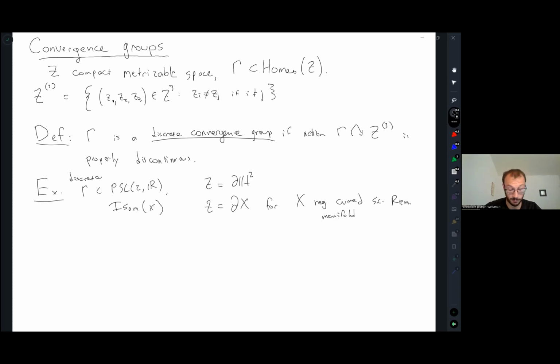This is kind of a powerful notion, and maybe it's not so obvious why it's a powerful notion at first glance, but let me just point out that actually you can already see the limit set of your discrete group just from this definition.